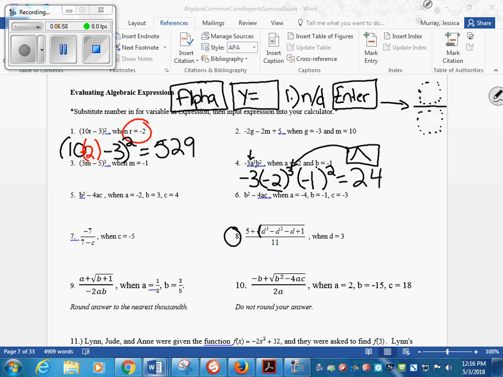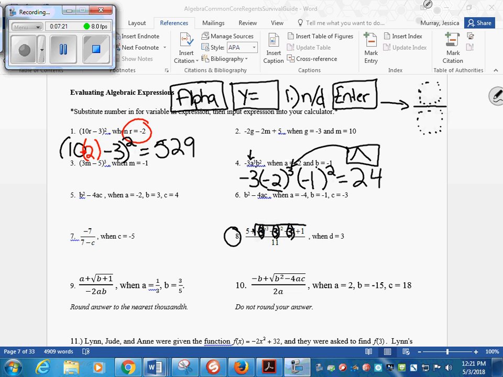So you're going to change all of these to parenthesis 3. It's basically what you're doing. Don't forget that's still the square root symbol right there. And then you would plug that into your calculator, but please use the alpha y equals and get it into that proper fraction form.